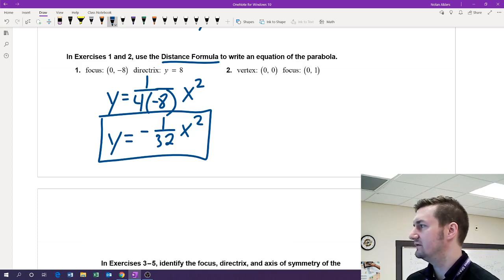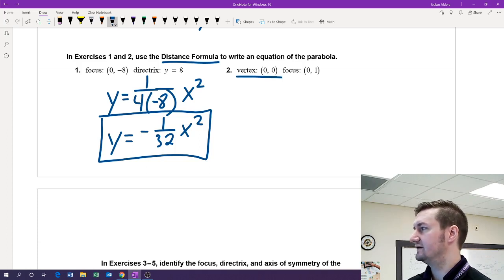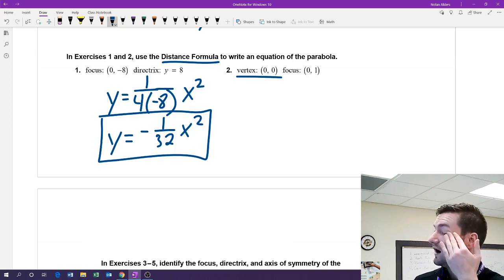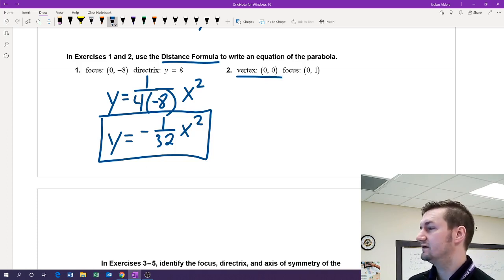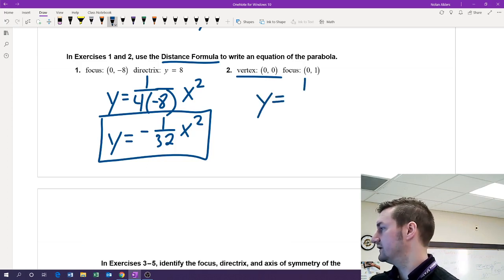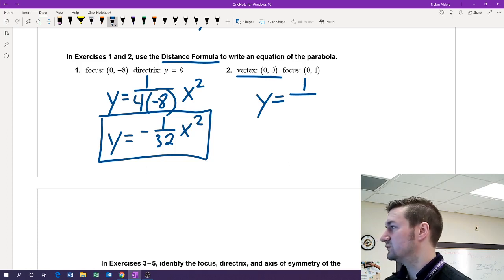Now for number 2, we would do kind of a similar idea here. So they tell us the vertex is at (0, 0), and then we have a focus up at 1. So we could do our equation, y equals 1 over 4p. In this case, our p is 1.